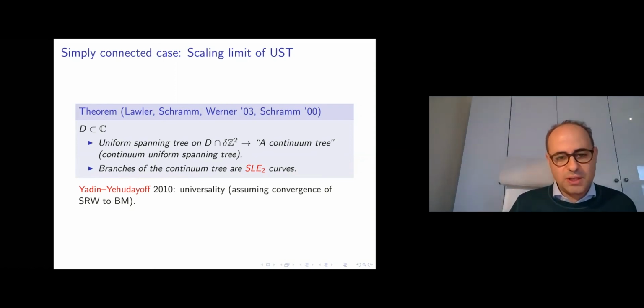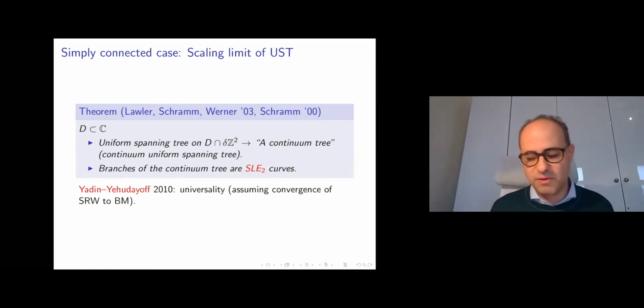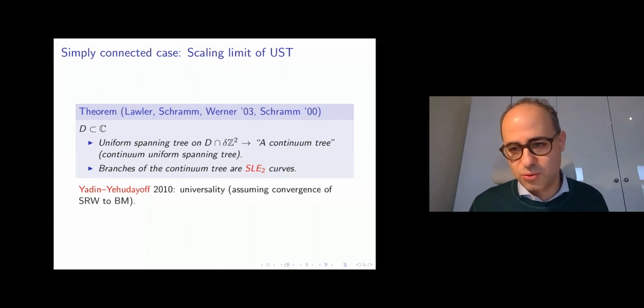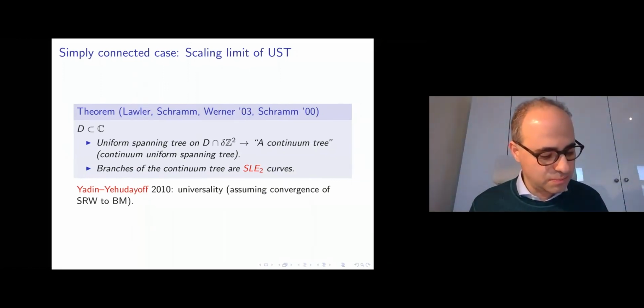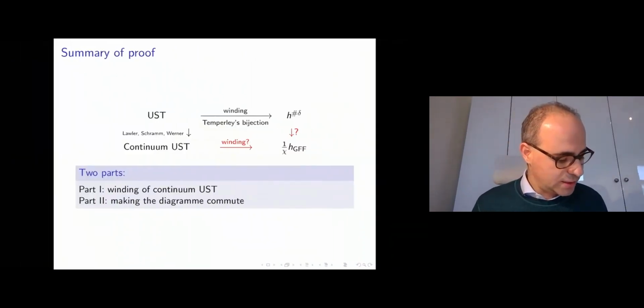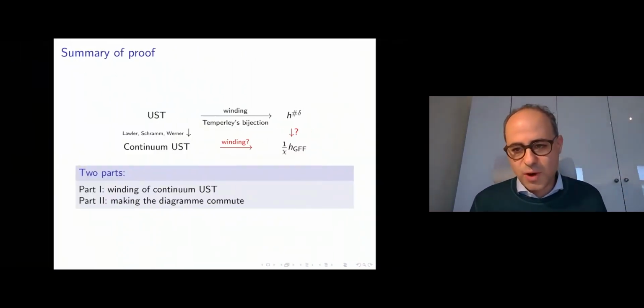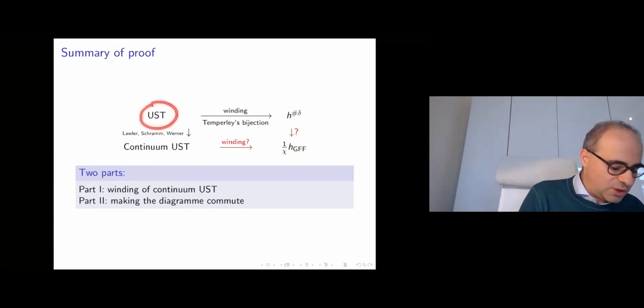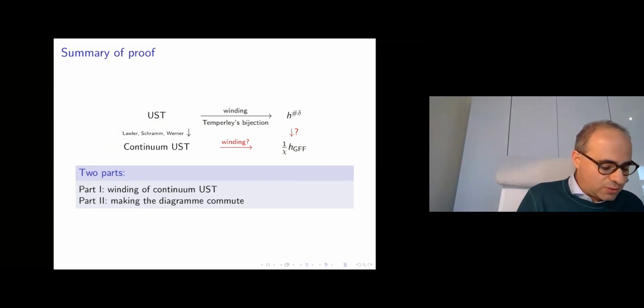So we're in a good situation. We're interested in the winding of the uniform spanning tree, and this tree converges in a suitable sense to a limiting object, the continuum uniform spanning tree. So once you see it this way, it's kind of obvious what you want to do. You start with a uniform spanning tree, and if you apply these results, there is a convergence to the continuum uniform spanning tree.